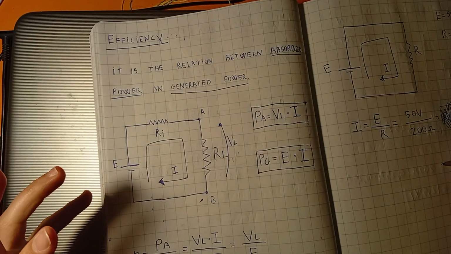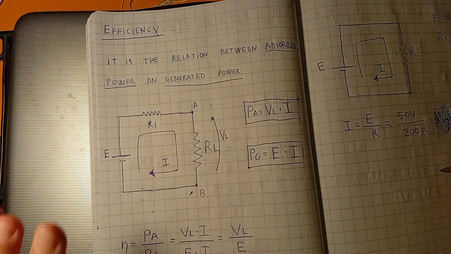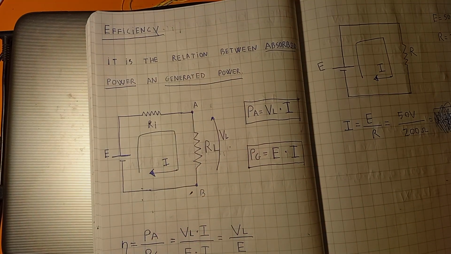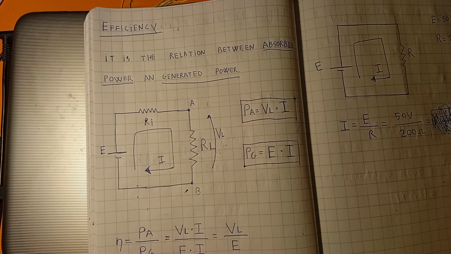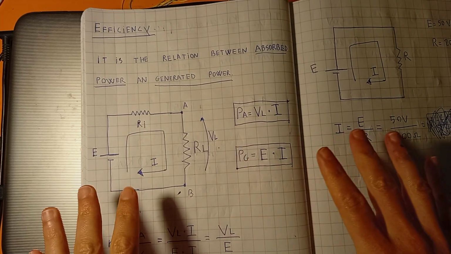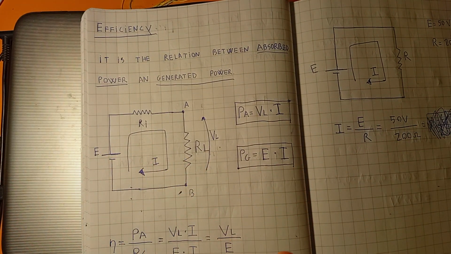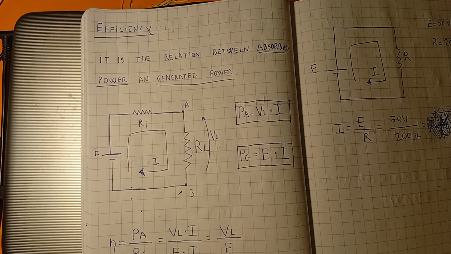So this is why the absorbed power and the generated power are not perfectly equal. Obviously, in a well-done, optimized circuit, the power absorbed and the power generated should be almost the same. If they are almost the same, it is a well-done circuit, but this is not always possible. Why?